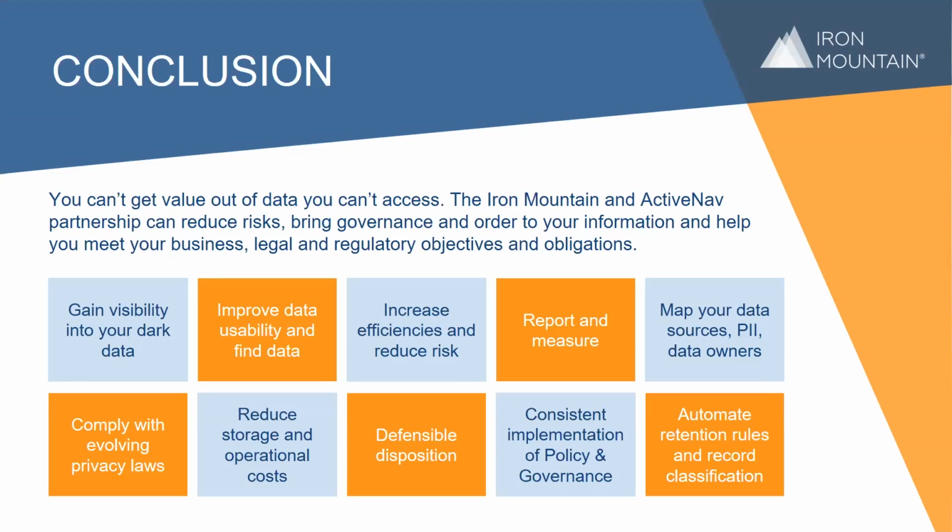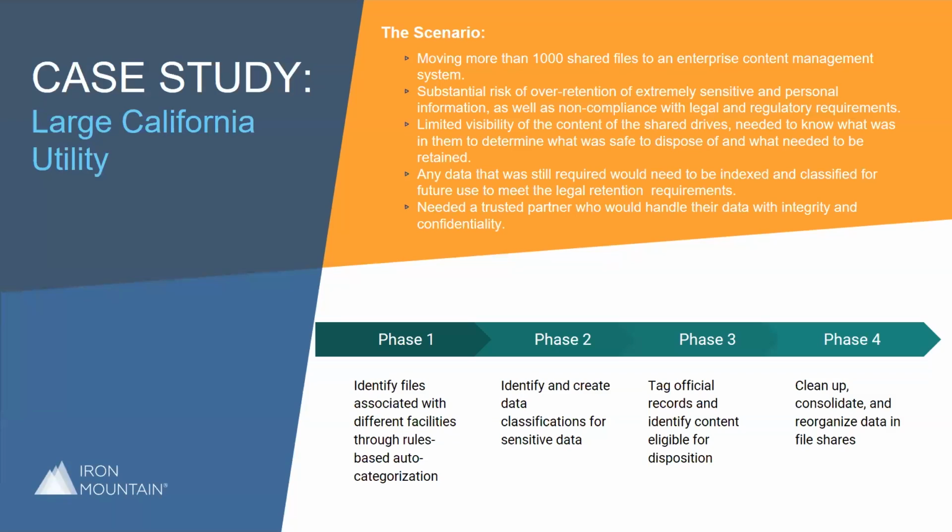We recently completed a project for a large utility based in California. In this particular case, they were migrating shared files to an enterprise content management system. And they had identified over 1,000 different file shares that all needed to be migrated.